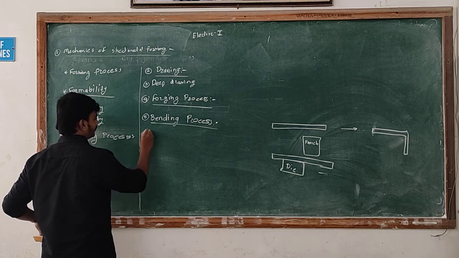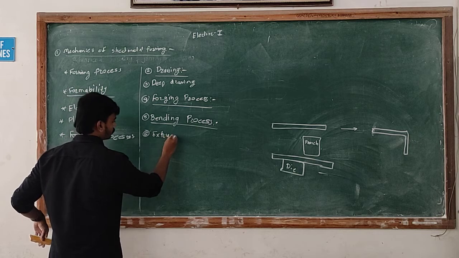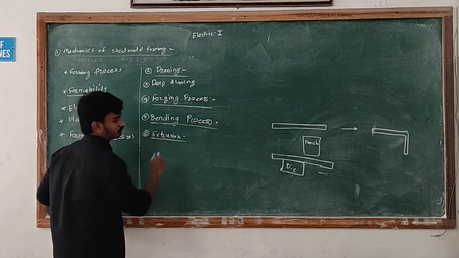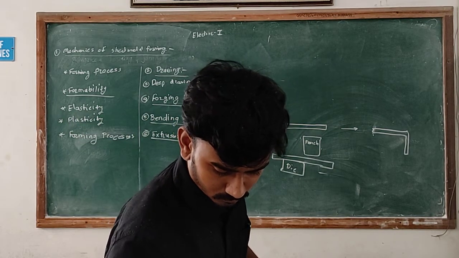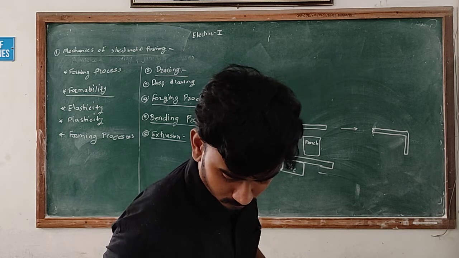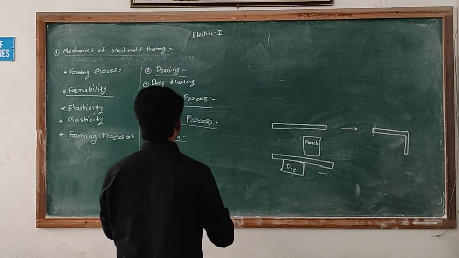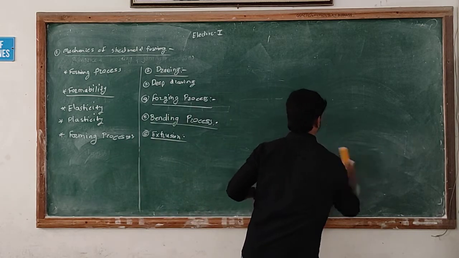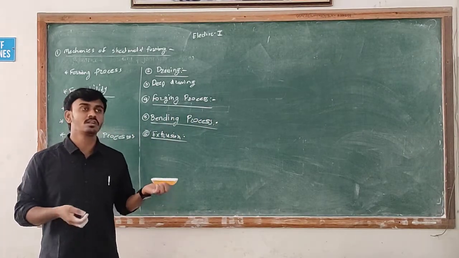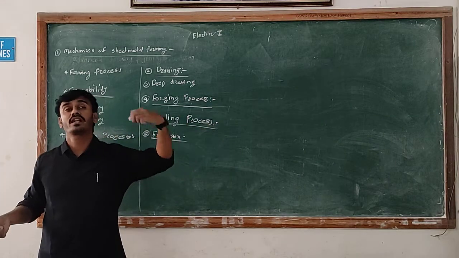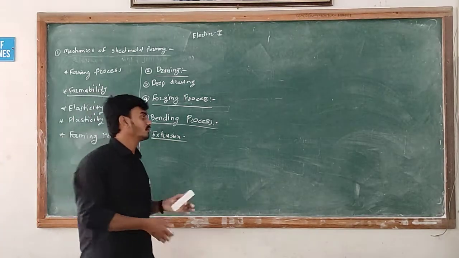The sixth process is extrusion. So what is meant by extrusion? It is similar to an injection. There is a die and a punch, and when we apply the force on the punch, the material will pass through the die. But here we apply a compressive force.